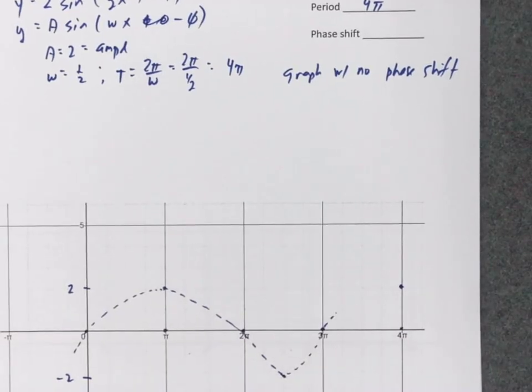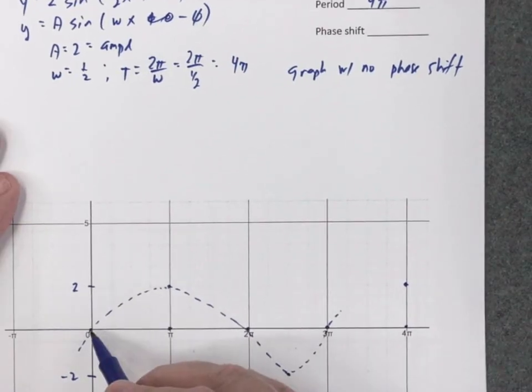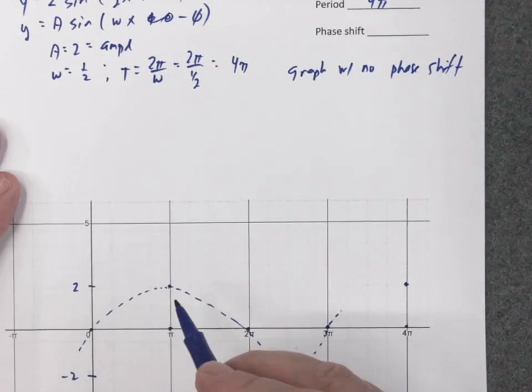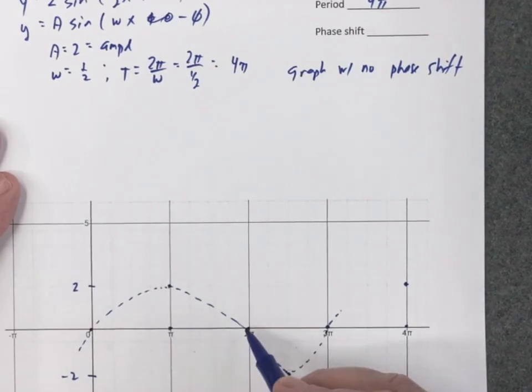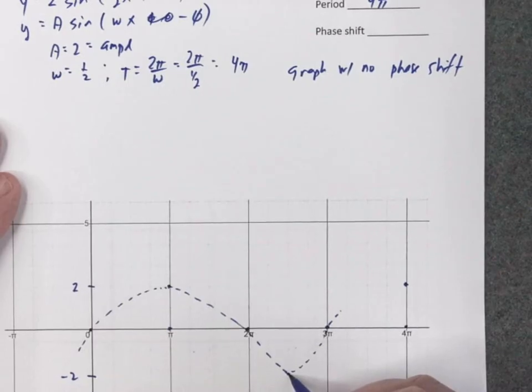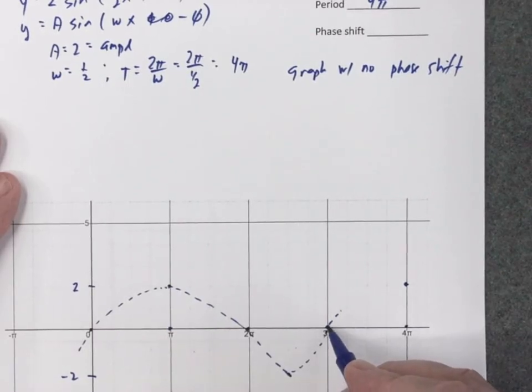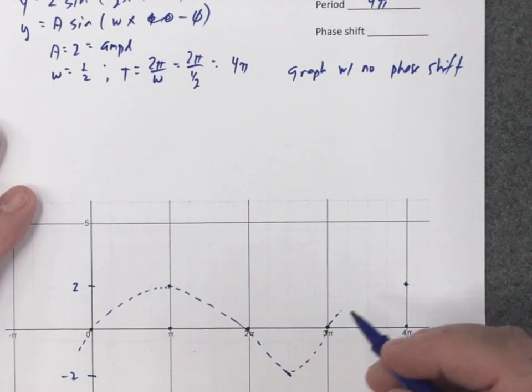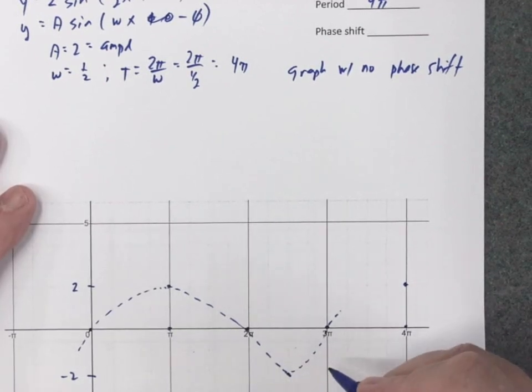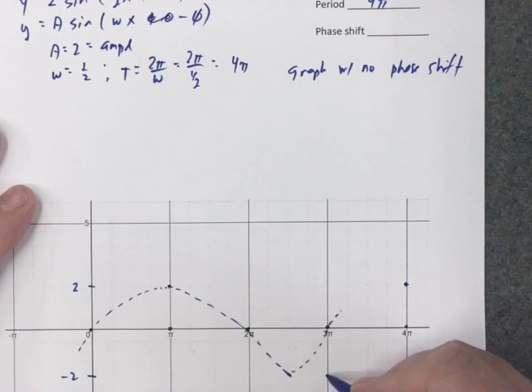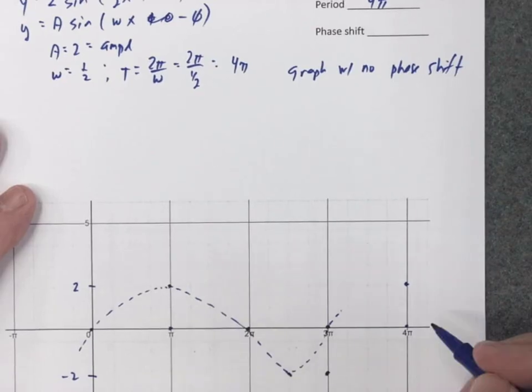you know what? I think I messed this up. Starts here, goes high, back to the middle, low, oh, you know what I did? This point's wrong. Wow. It was supposed to be here.